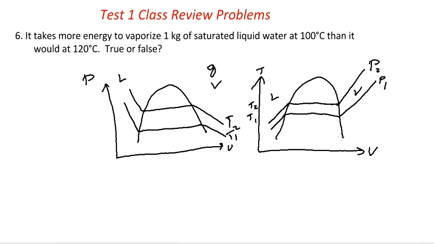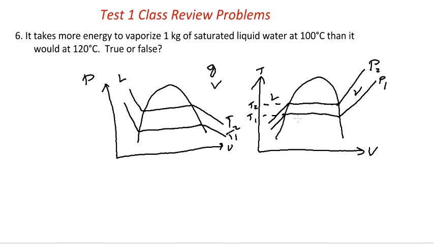Alright, so the TV diagram is actually the one that's more important. I realized that after I did this. So, over here we've got the temperature, which has kind of stopped increasing. We're just adding heat, and it's not getting hotter, but it is transforming from a liquid to a vapor. Intuitively, we could say that this gap is bigger.